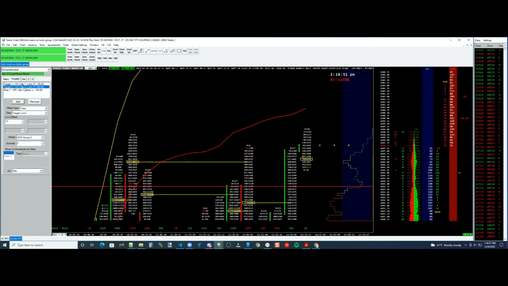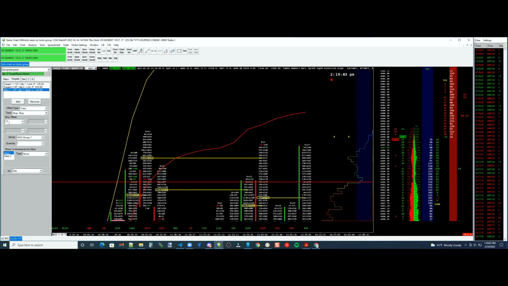So what I can set this up as is, I want this to come off at, let's say, 9. This is very simple. This is very typical for how I trade. I want this to come off at 9 ticks. I want my all out stop at 7 ticks. And then I want my runner to just be way out here.